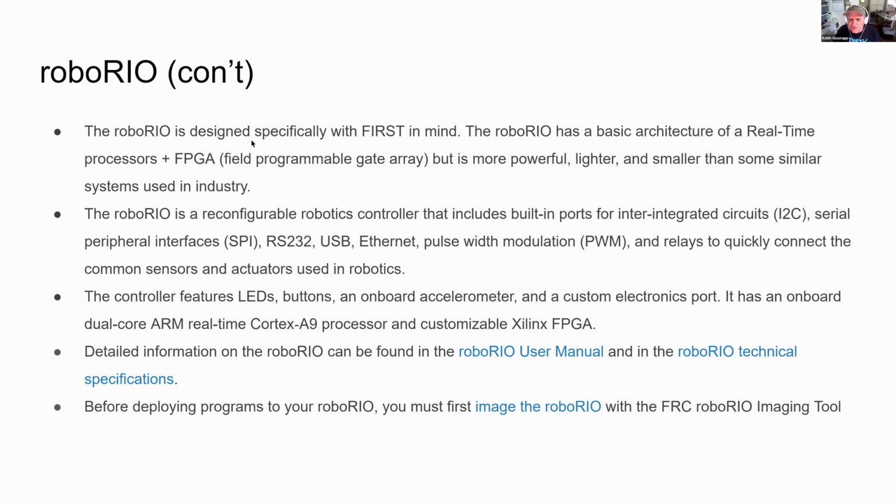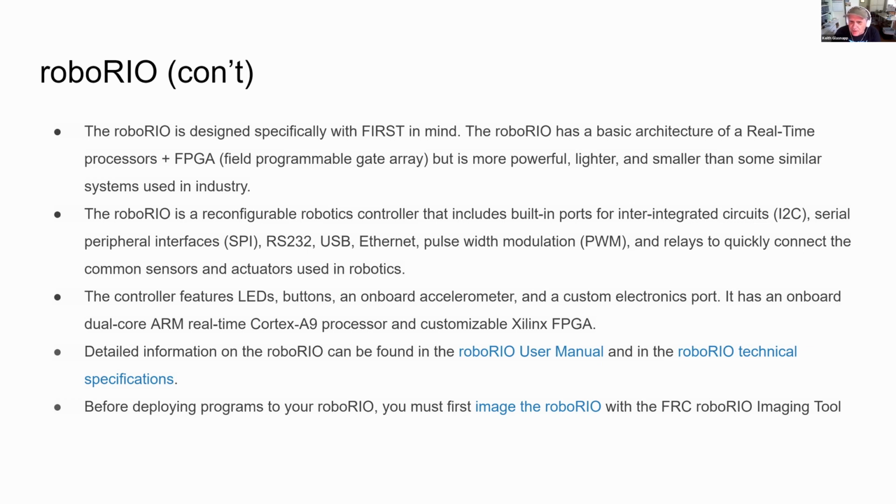It's designed specifically for FIRST. It's created by a company called National Instruments, who does a lot of different real-time elements for different kinds of industrial uses. But they made the RoboRio for FRC.